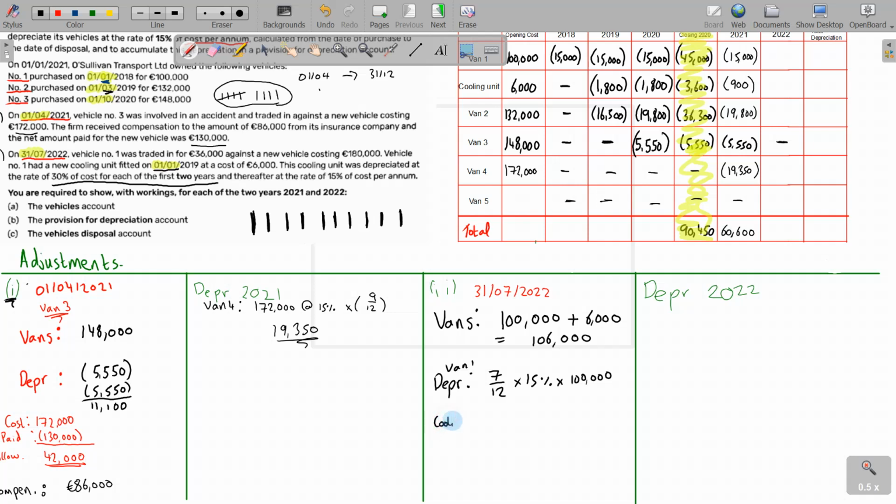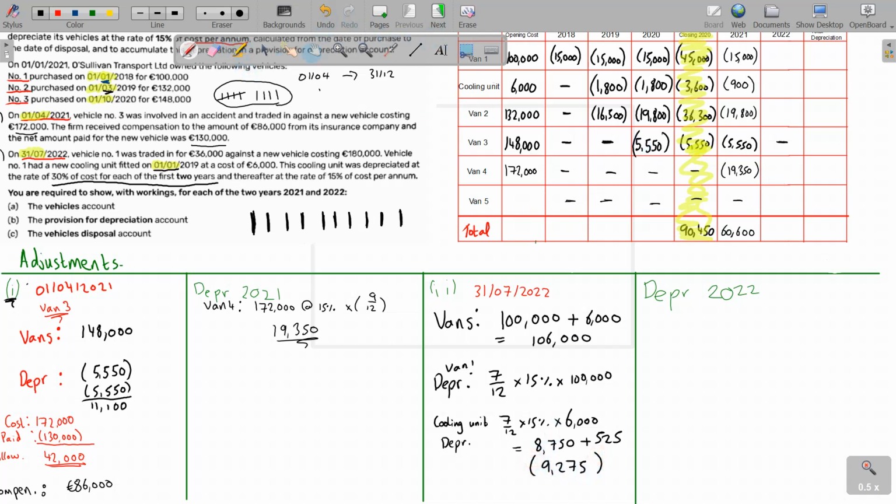Then our cooling unit depreciation, again 7/12, 15%, because we've gone over year 2, we're now in year 4, of 6,000. That's 8,750 plus 525, which is 9,275. So this is going to be coming out of our disposal.